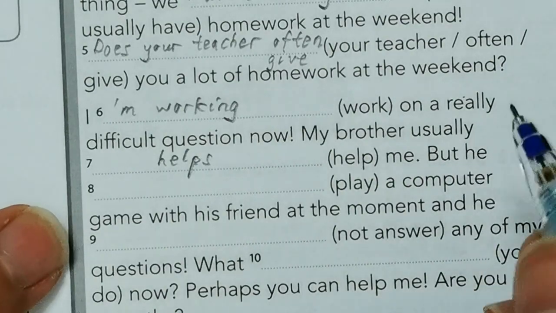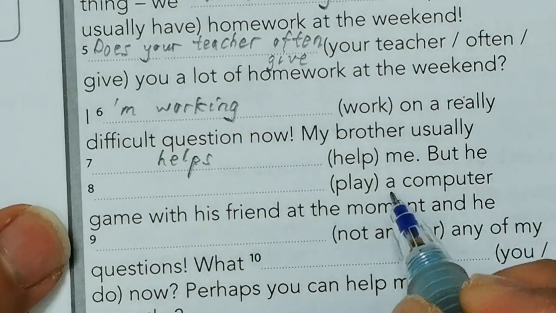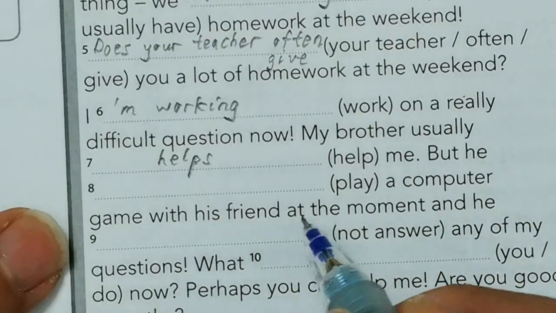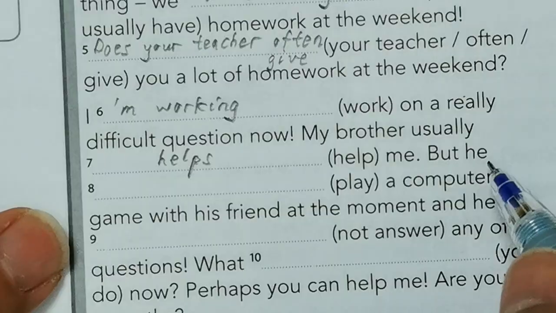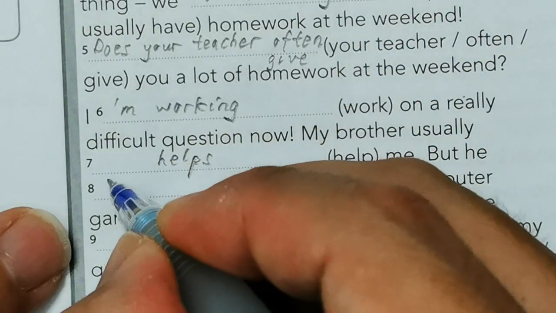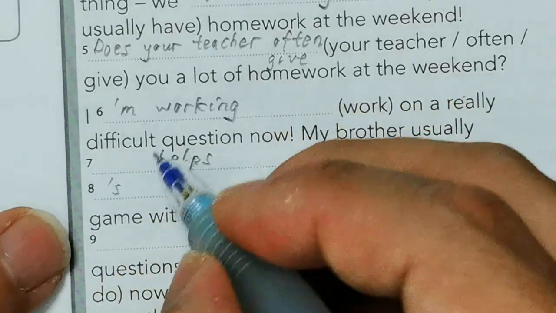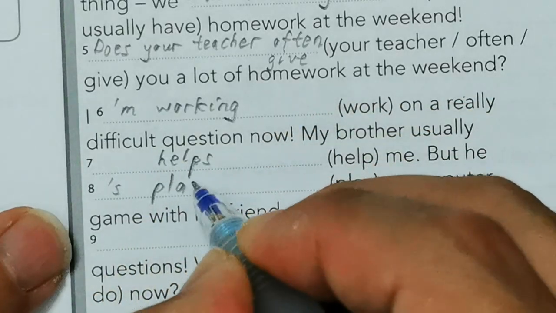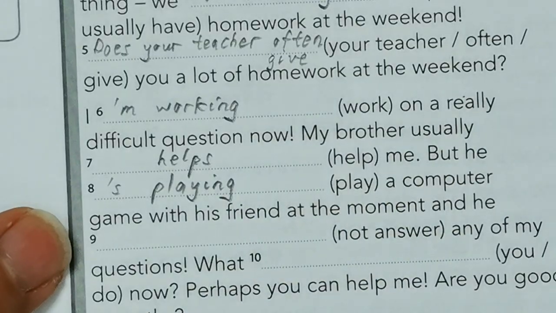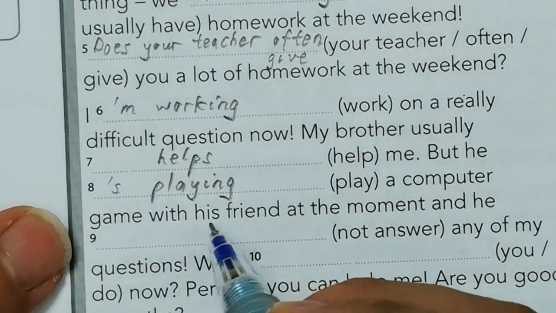But he a computer games with his friend at the moment. So but he is, or he's playing a computer game with his friend at the moment.